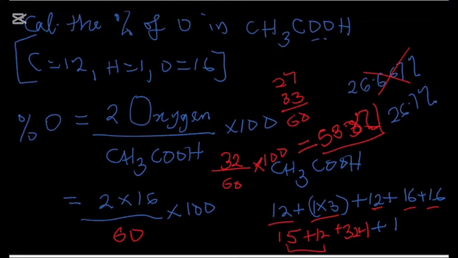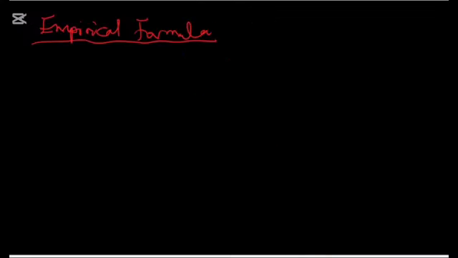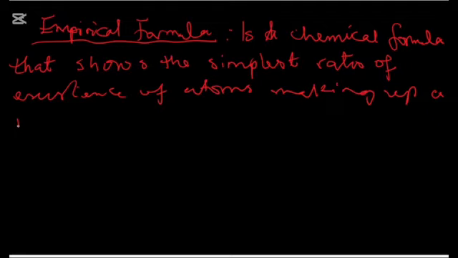Now the next thing we want to discuss is empirical formula and molecular formula. So what do you mean by empirical formula? Empirical formula is a formula that shows the simplest ratio of existence of atoms in a given molecule or compound making up a molecule.